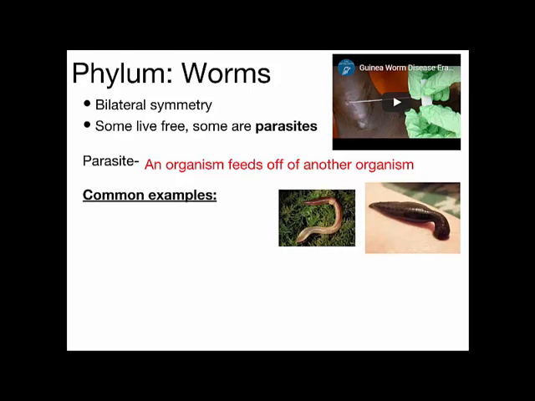So both the leech and the earthworm are in the annelid group. They are segmented worms. And if you imagine an earthworm, its body is split into those little sections. Okay? That's why it's called a segmented worm. Same with this leech. Bodies split into segments.